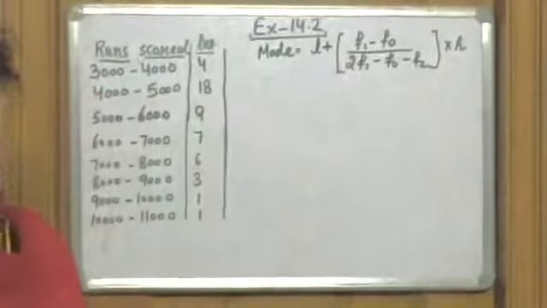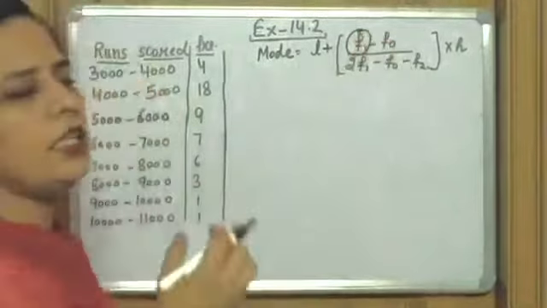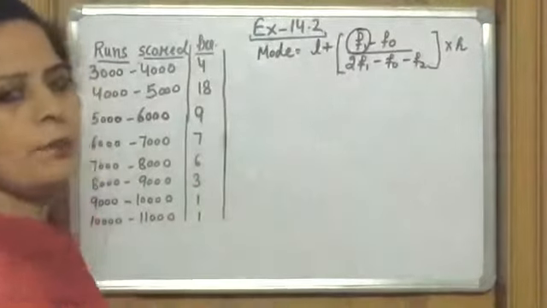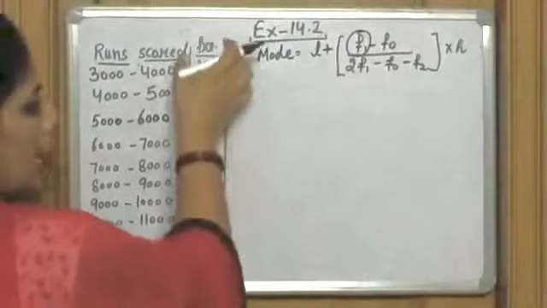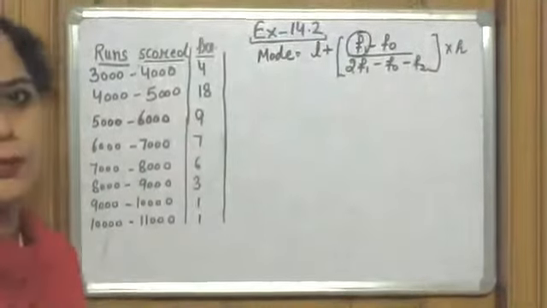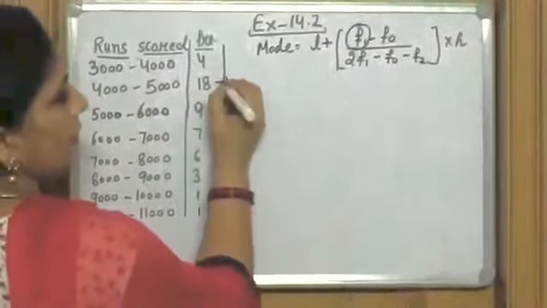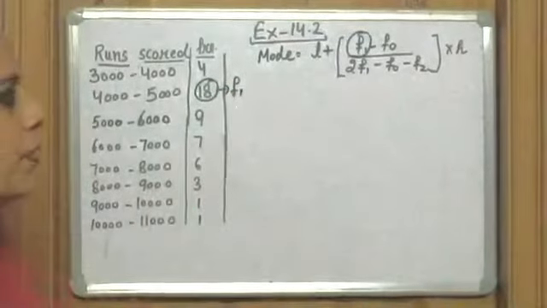We will start our question from the term F1. This is our main term of mode because all the terms are totally based on F1, and F1 is the number which has the highest frequency in this column, which is 18. So 18 will be F1.